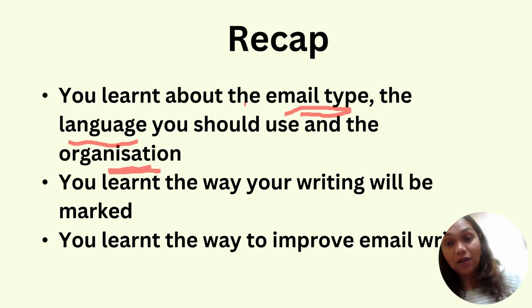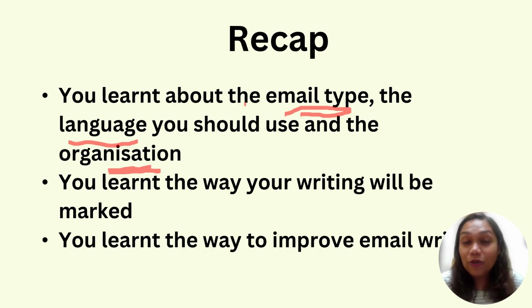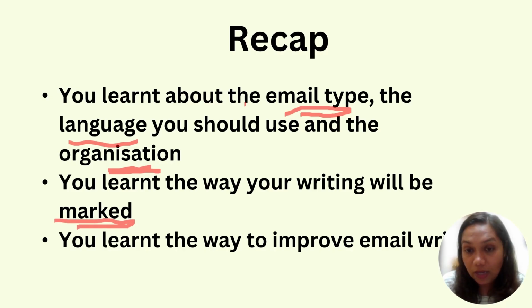First paragraph, the introduction: hi, how are you, something like that. Then the second, third, and fourth paragraphs will be for our bullets, 1, 2, 3, and the last paragraph will be concluding, something like I want to hear from you soon, we'll meet someday. And then we learned the way your writing will be marked, how we are going to give you marks. This is important. Now you know how you're going to get marks.